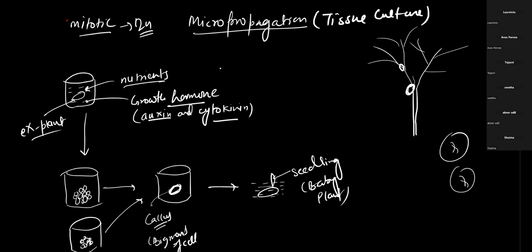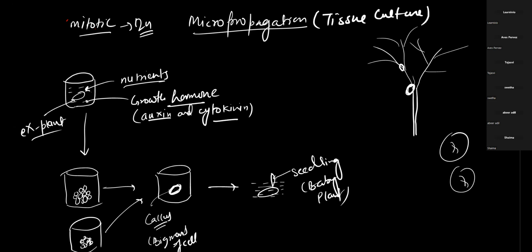This is also a safer, disease-free method, because we are just extracting part of the plant and growing it in a fresh medium where there is no chance of infection. Generally when a seed is buried in the soil, the seed can get infected. But here we first grow the plant in the nutrient rich medium, and then transfer this big mass of cells into soil.